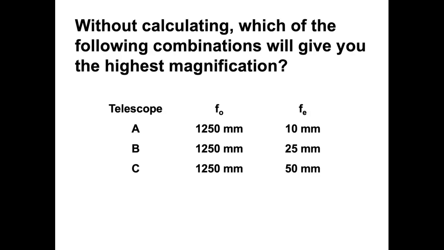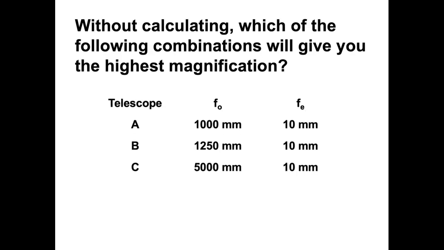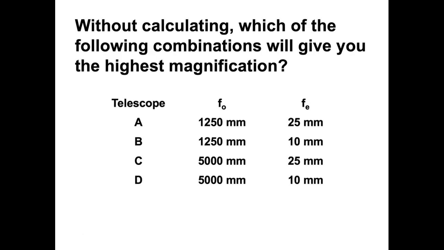So A it is. Which of these will give you the greatest magnification? Yeah, C it is, right? A long focal length objective and a short focal length eyepiece, that's what will give you the greatest magnification. So what do you think about this?